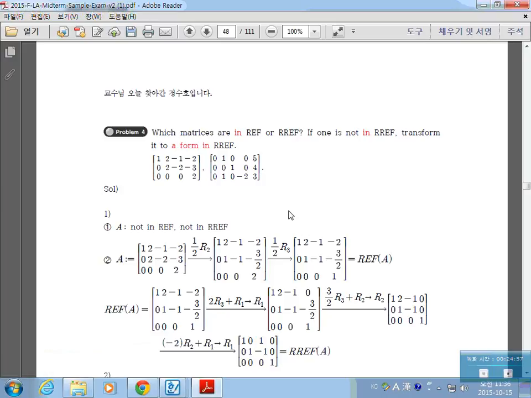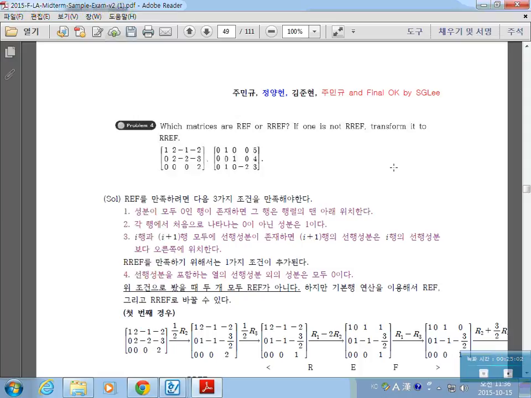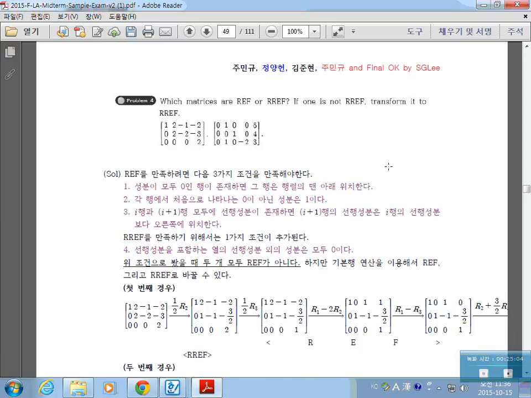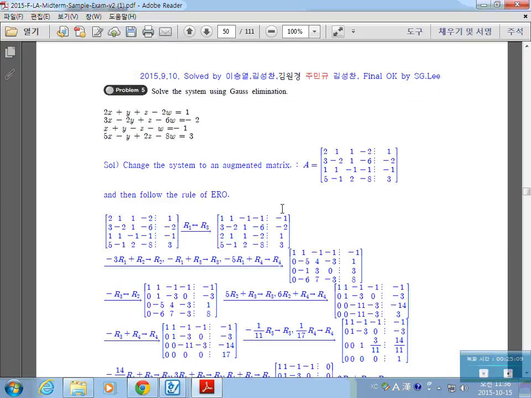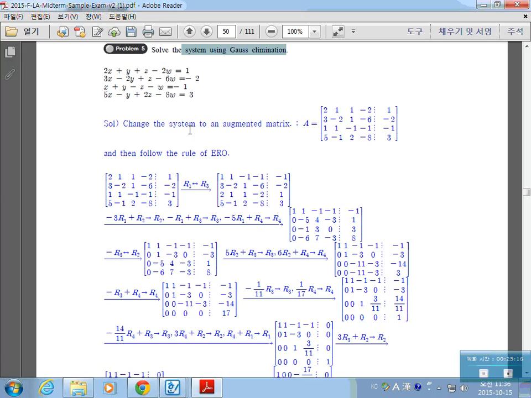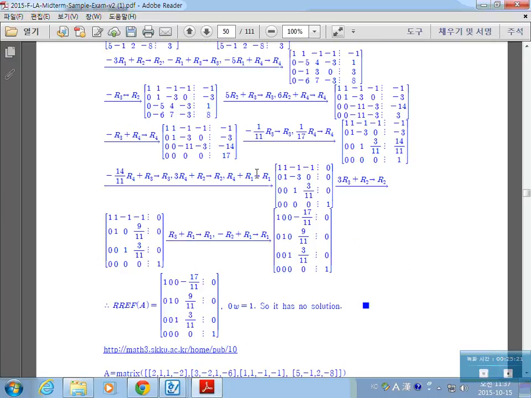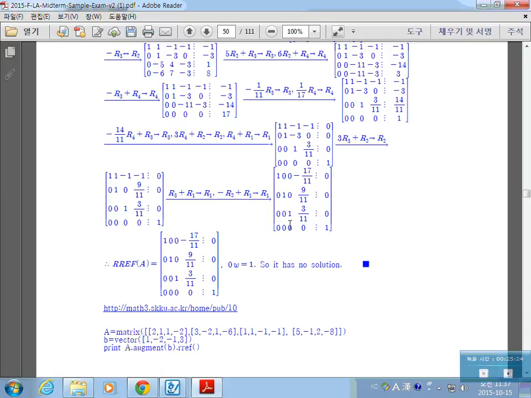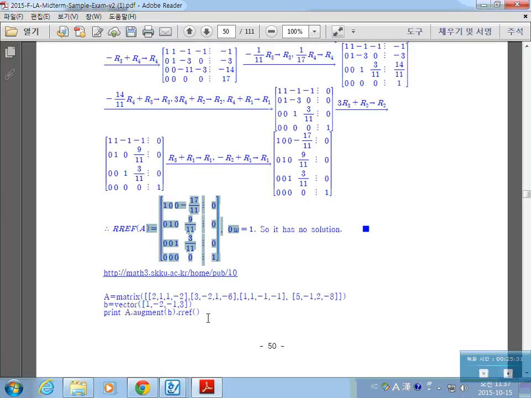Similar problems can be done by hand and by code. And solve the system of linear equations using Gaussian elimination: you make an augmented matrix and do the Gaussian elimination to have the REF or RREF form to get the solution of the given equations.